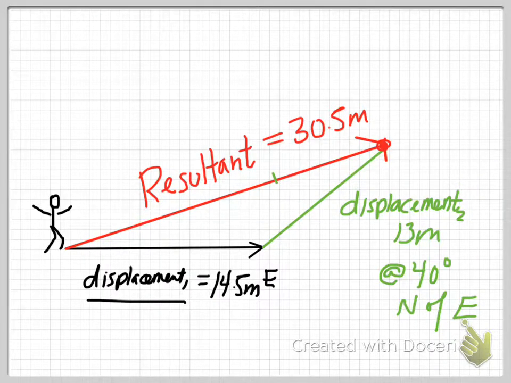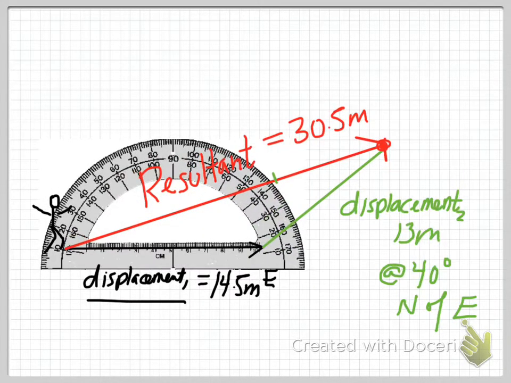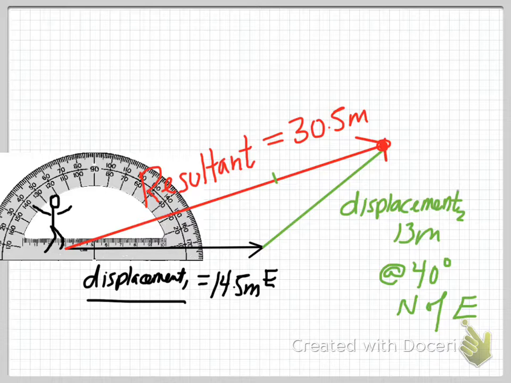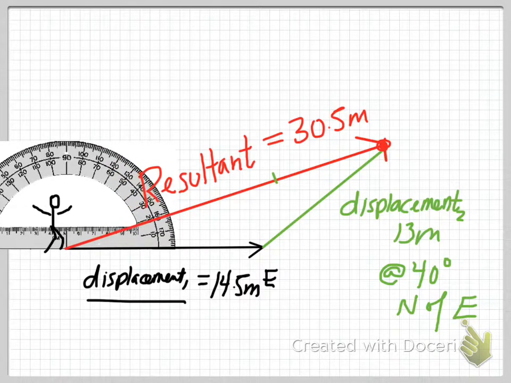So we'll get out our old protractor again. There she is. And we'll line up the start of that vector right on the little dot in the middle of the protractor. And lo and behold, that's at about 19 degrees north of east.